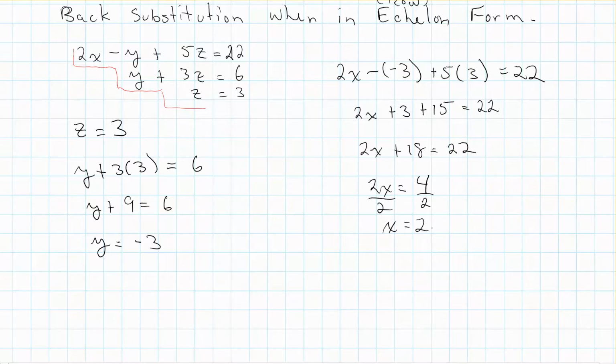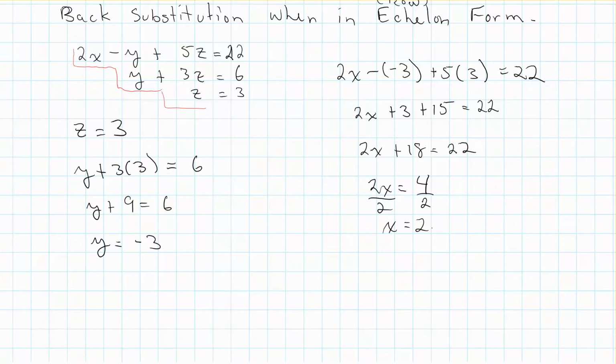Now, we are going to write our solutions as what's referred to as an ordered triplet. Meaning if you were to graph these, they are graphs in 3 dimensions. And it turns out some of these are lines and some of them are planes, things like that, but you can plot these in 3 dimensions.